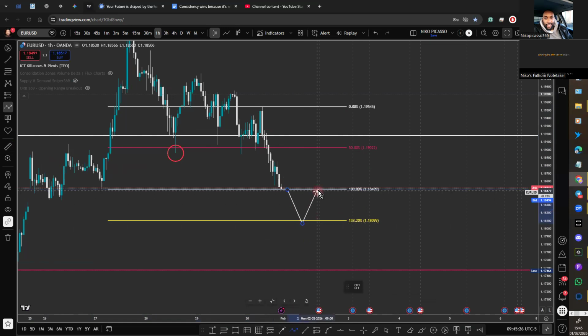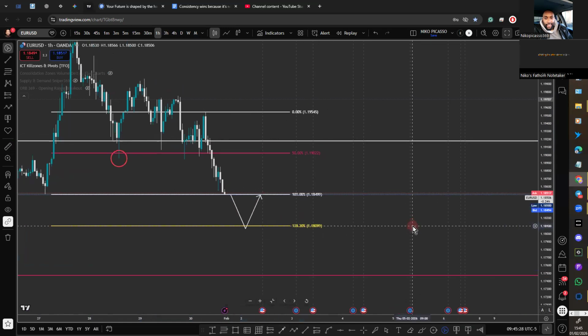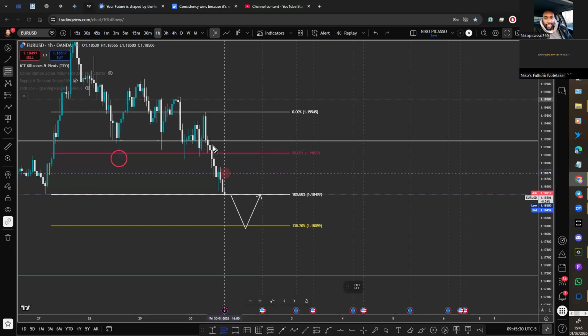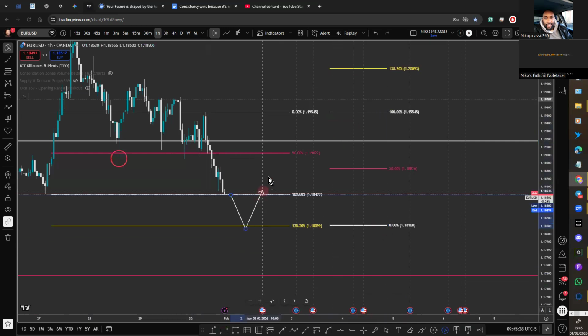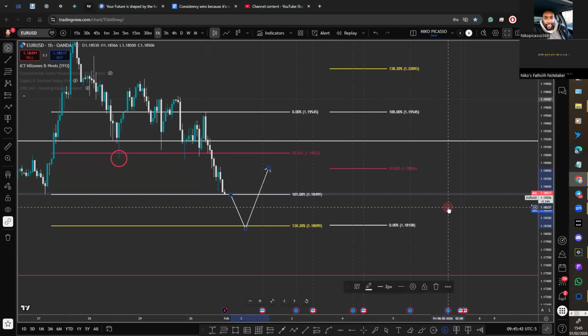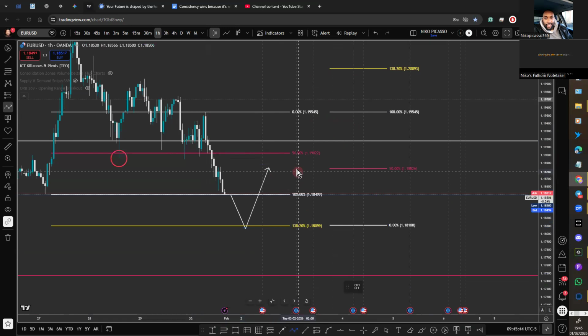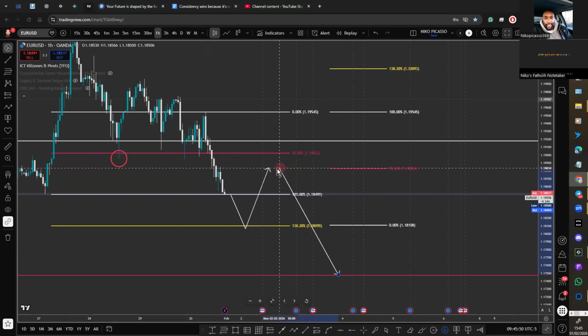And then that is where we're going to expect them to return towards this high by drawing our fib level from this high to this low right here. So we can expect them to find their discount level right here, and then the price could continue going lower towards this area here, right?